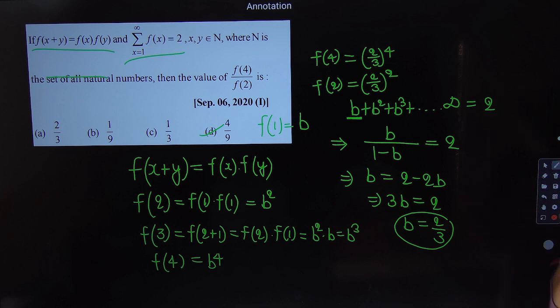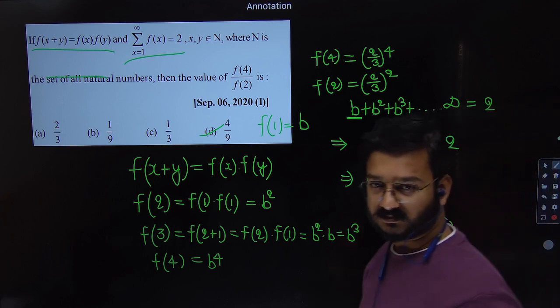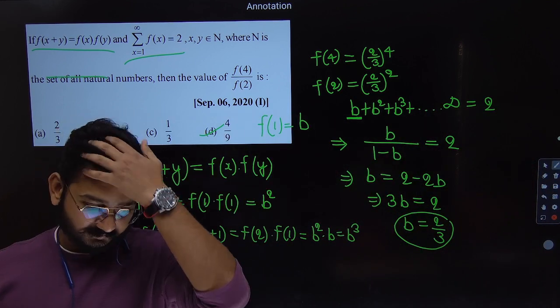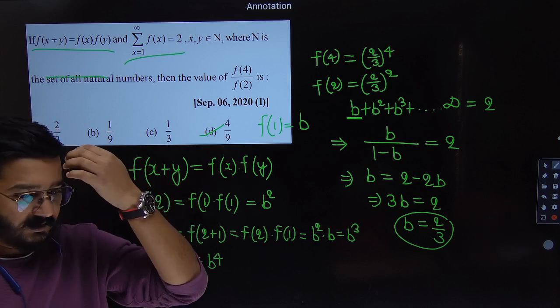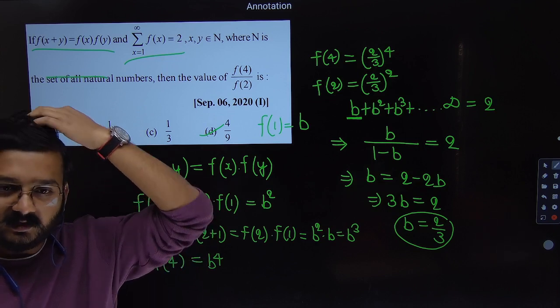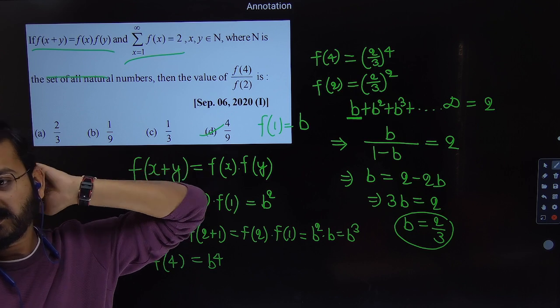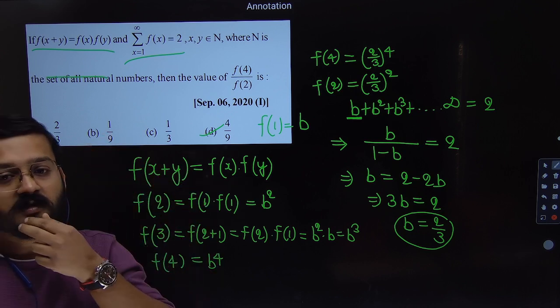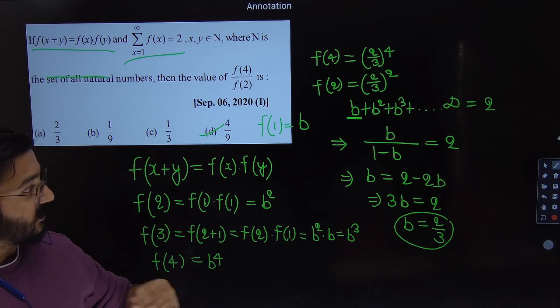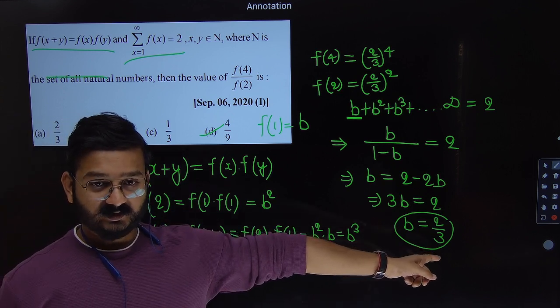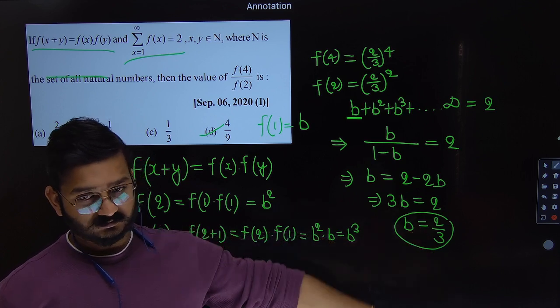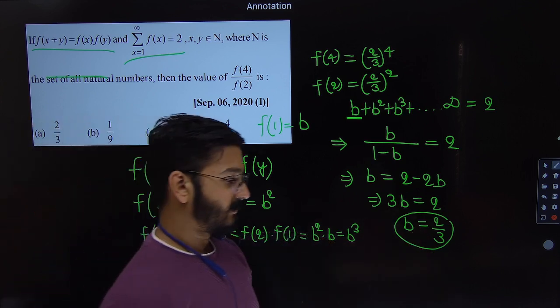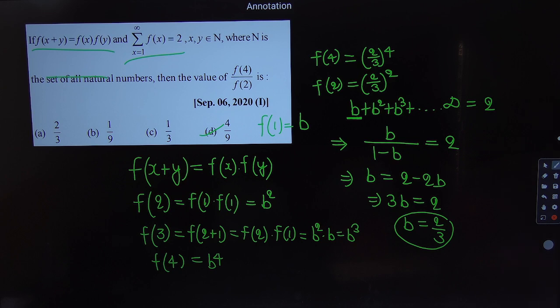The condition for an infinite geometric progression is that the common ratio should be between -1 to +1. So what is the common ratio? Is it between -1 to +1 or not? Done. Should we move to the next one?